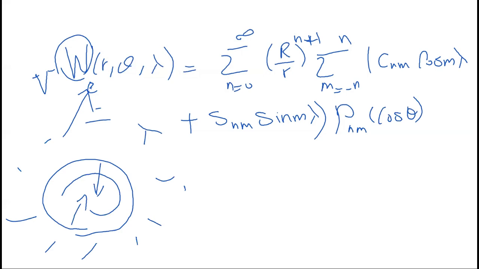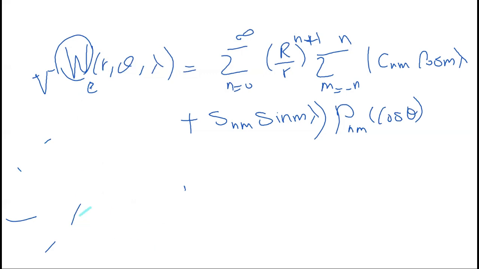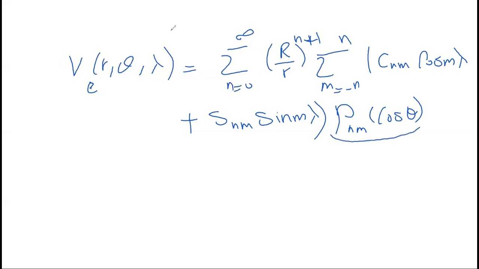So now let me change this W to V, so it will be similar to what others have written, or Dr. Tulu. So this function here, P_nm, is called Legendre functions.